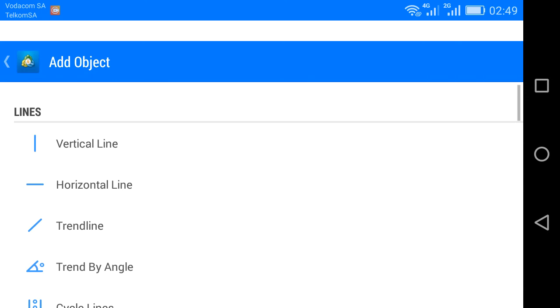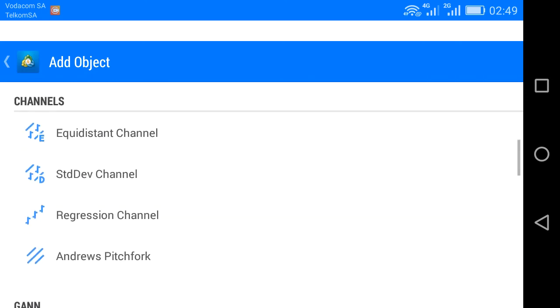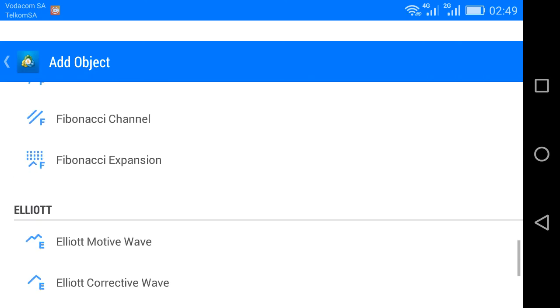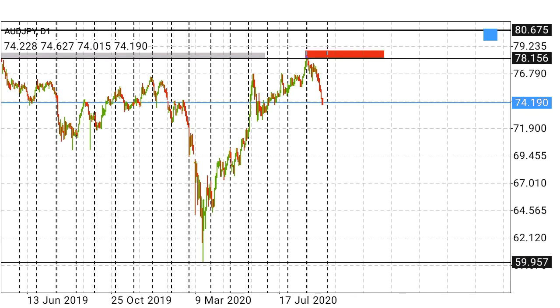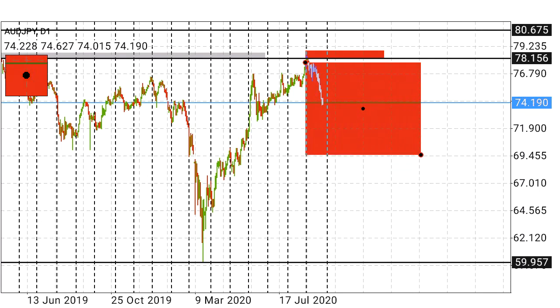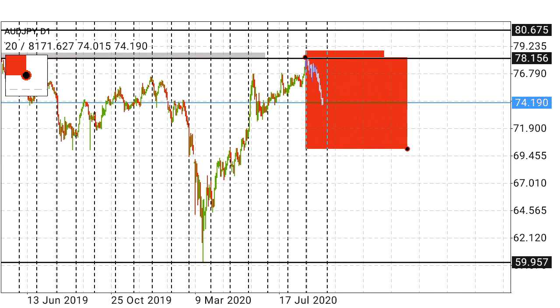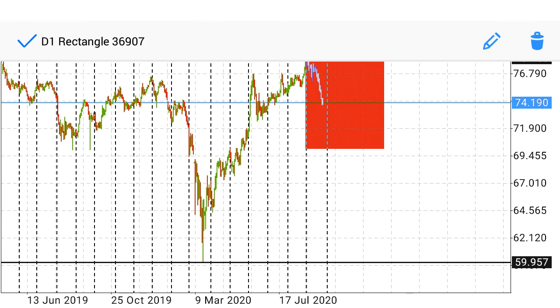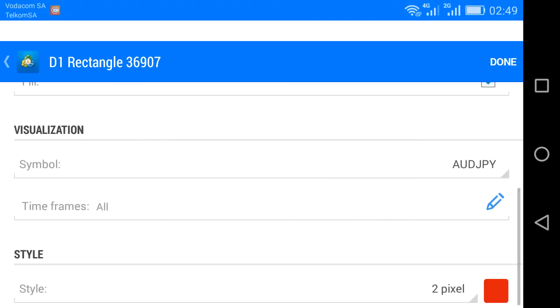See, my red rectangle will represent a stop loss. This one will represent a profit. Let me make it green.